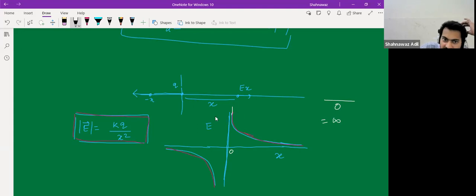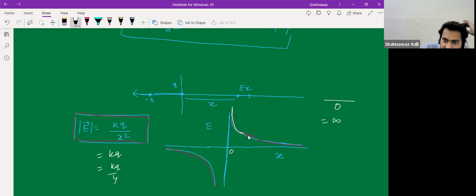And then when I increase this value, at 1 this would be kq, and at 2 that would be kq by 4, right? So this is decreasing.